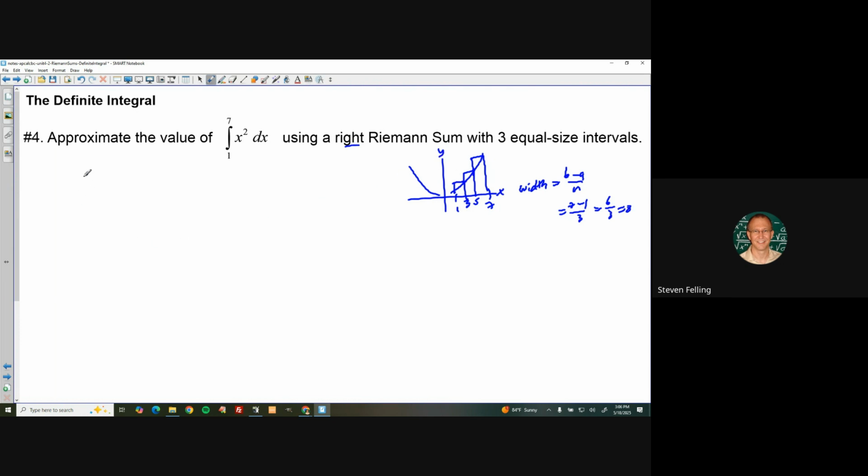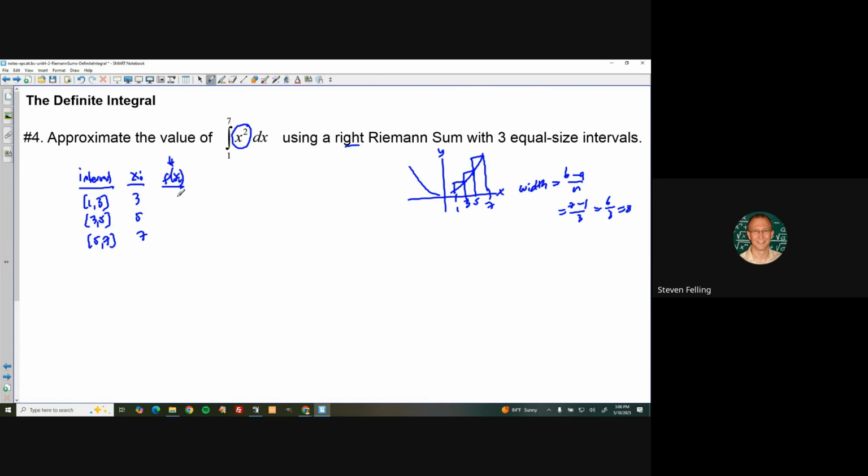Okay, but now we'll just do the procedure. We're going to find intervals. The intervals are going to be from 1 to 3, from 3 to 5, and the rest of the way from 5 to 7. We will select an x value using the right side, so that will be 3 for this one, 5 for that one, 7 for this one. For the height, we'll plug those into the function. The function is this x squared.